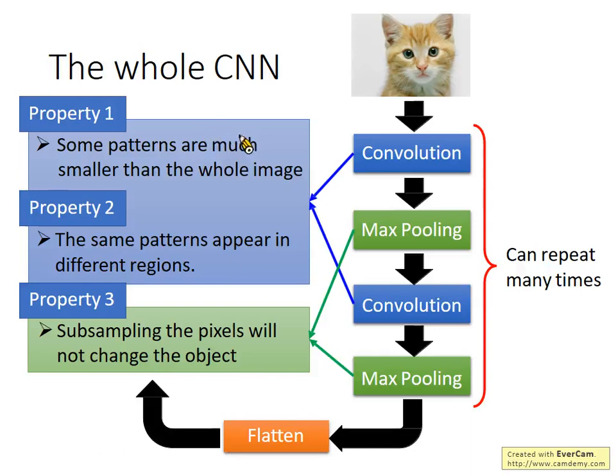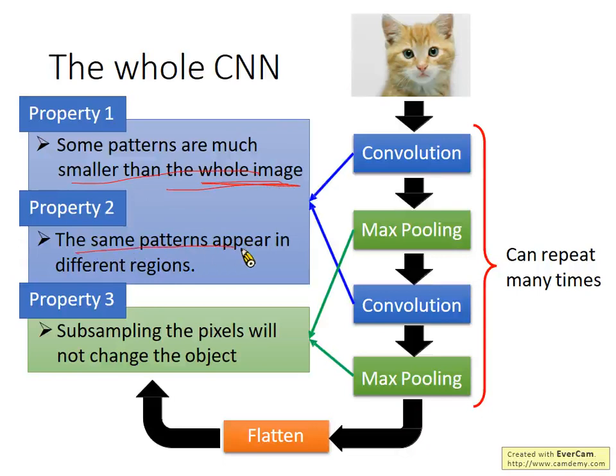So corresponding to the properties we mentioned above, convolution is for property 1 and property 2. Property 1 is that some patterns are much smaller than the whole image. So we can just use a sliding window to do the convolution, and this sliding window may correspond to a pattern that appears much smaller than the whole image.